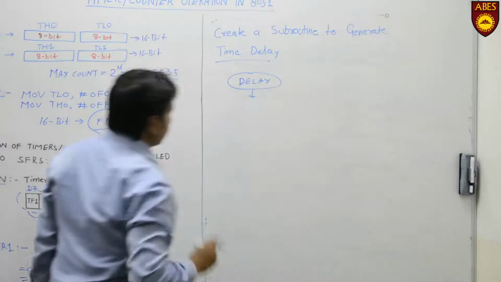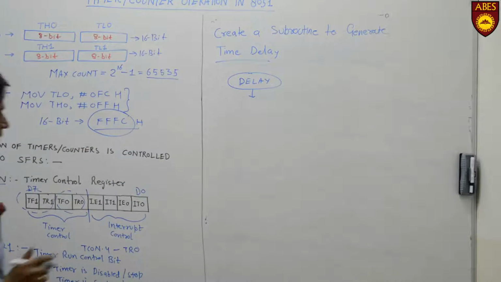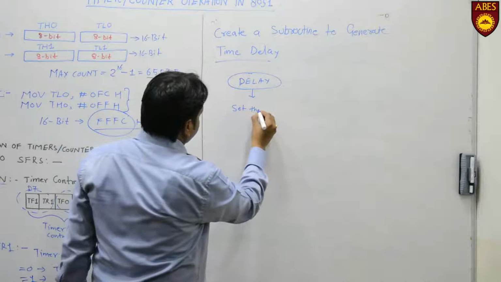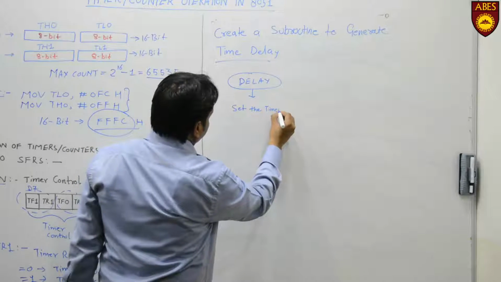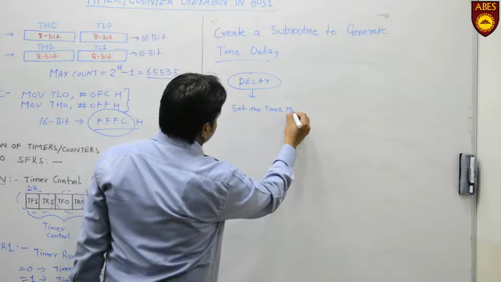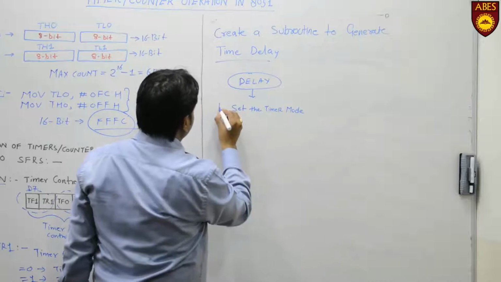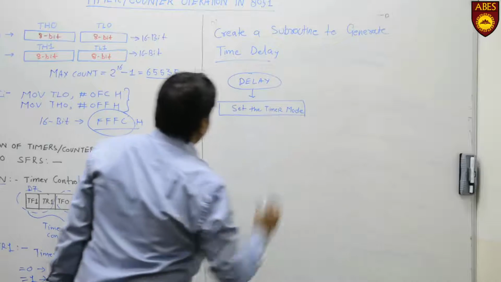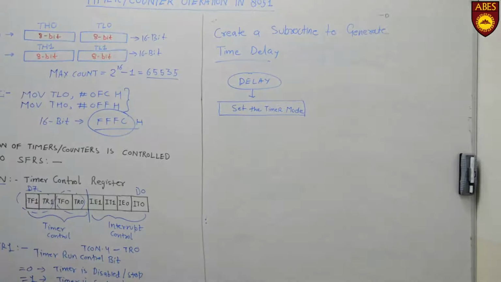The very first step for using these timers is to set the timer mode. And this timer mode can be set, as we have seen, with the help of the TMOD register.